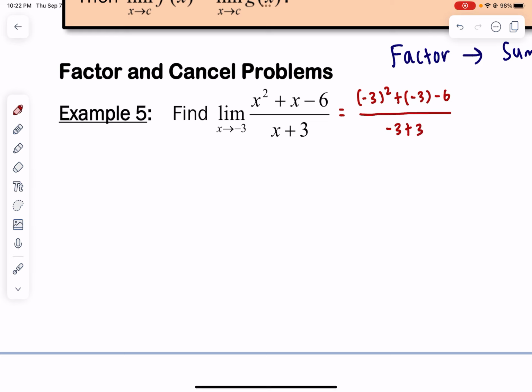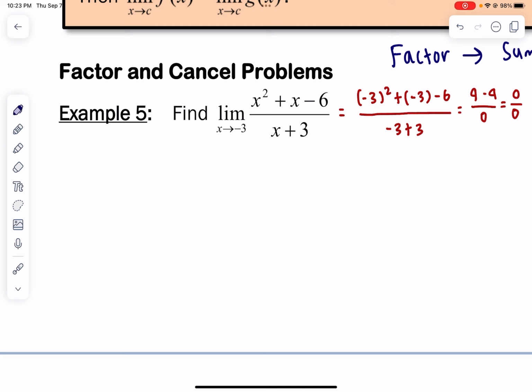Okay, that'll equal 9 minus 9 over 0. 9 minus 9 is actually just 0 over 0. So we have a huge problem right here, right? We have 0 over 0. We can't work with this.